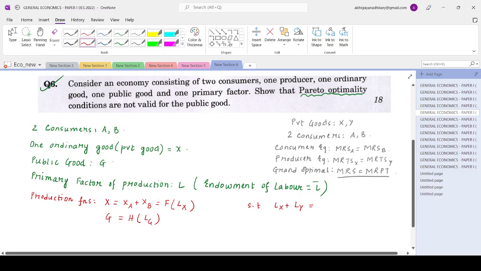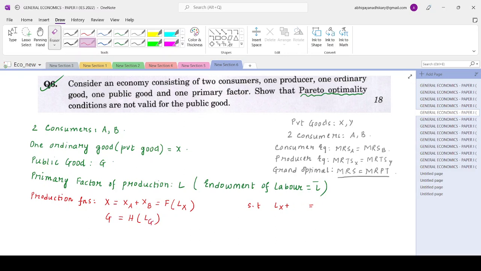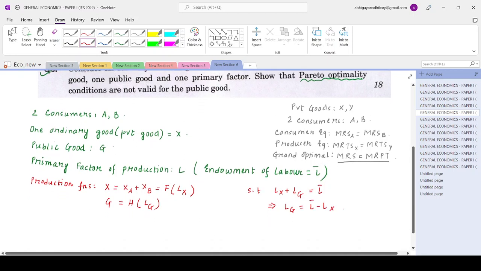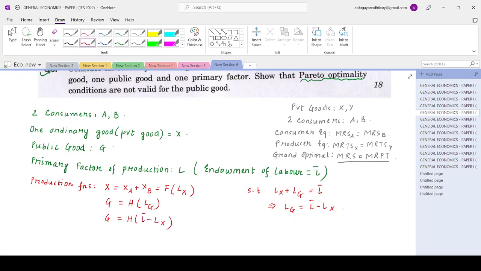So LX plus LG is L bar. Determining one of them can easily determine the other, so LG can be written as L bar minus LX. So G equals h of L bar minus LX, right?